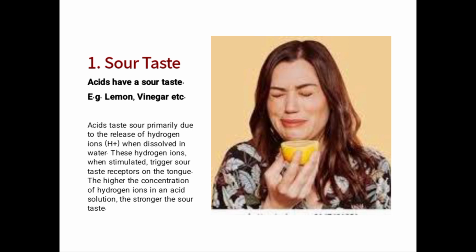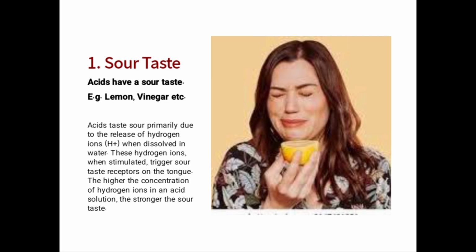And that's why you observe that some foods are more sour than some other foods. Why? Because the level of hydrogen ion concentration, or their acidity, differs. So acids have a sour taste. That's one of their physical properties, and it's a result of the release of hydrogen ions, which stimulates our taste receptors.